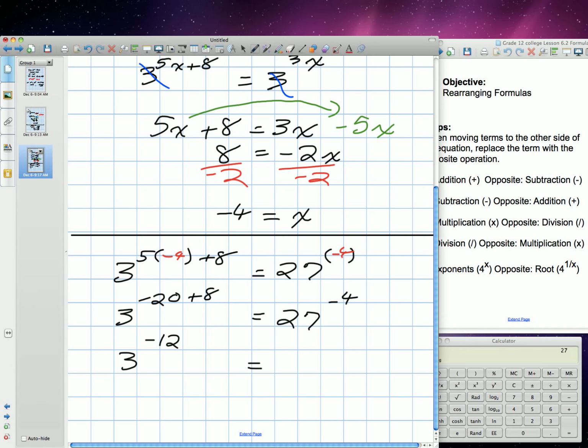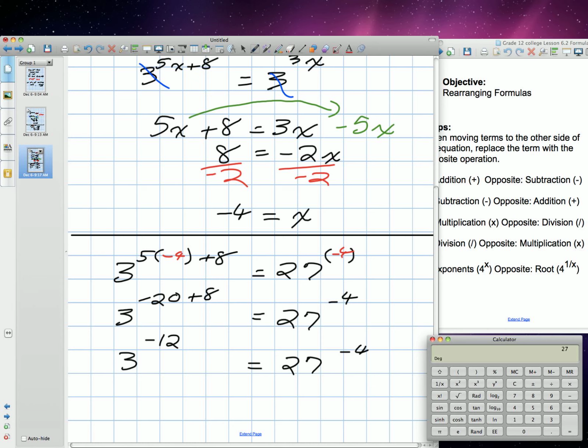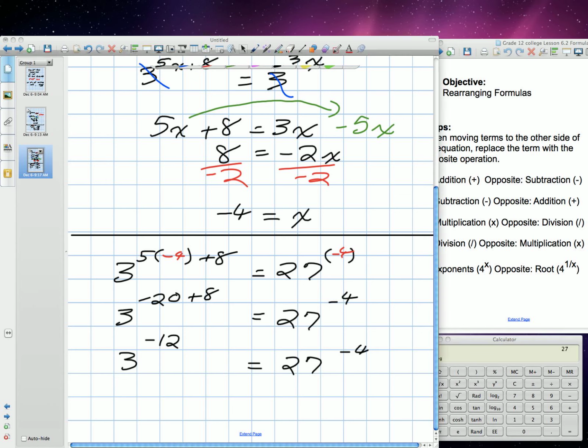Now, it's kind of hard to tell if these are both the same. I could type it both into a calculator, but I want to prove it here. So I'm going to use my rule from above. If you guys remember, we discovered that 3 to the power of 3 is equal to 27. So I'm going to replace 27 again with 3 to the power of 3.